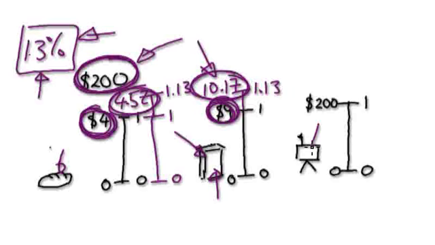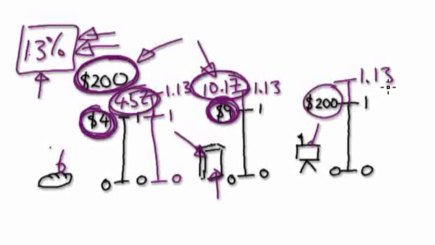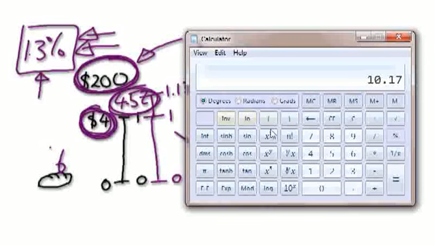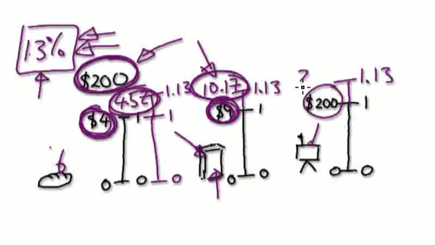And let's say a TV costs $200. Well, if you have an inflation of 13%, at the end of the year, the cost of this same TV will be this much. So jump to a calculator, clear it. 200 times 1.13. So this same TV costs $226.